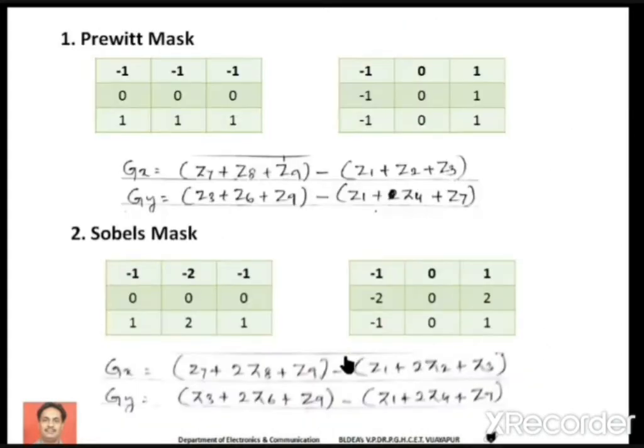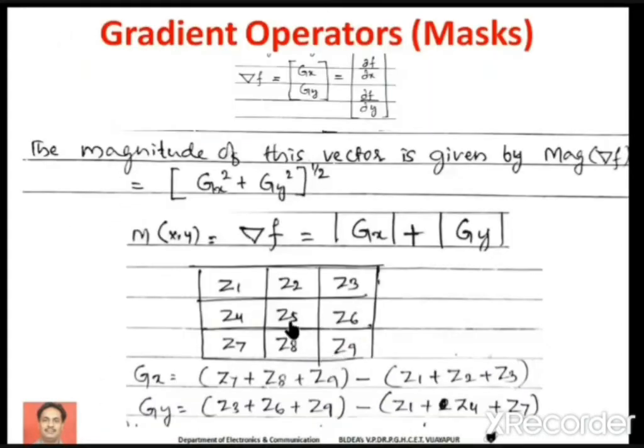Students, please try to understand. In the Roberts cross gradient operator, we assume that the mask is overlapped on only these 4 pixel values, that is Z5, Z6, Z8, Z9. We won't consider the remaining values for calculating gx and gy.